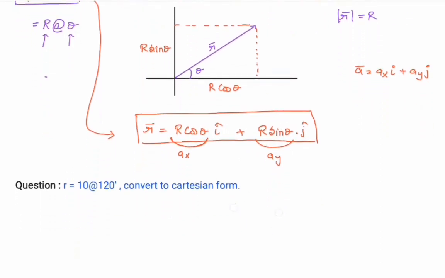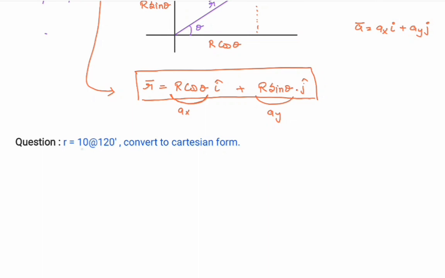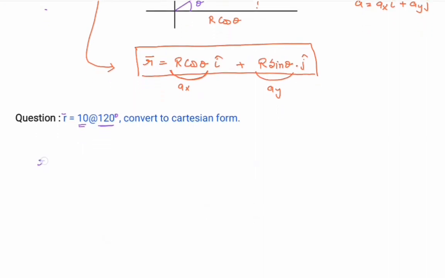Let's take one example. Suppose there is a vector r whose magnitude is given as 10 and making an angle of 120 degrees from the x-axis, and it is asked to convert it into the Cartesian form. What is the magnitude of vector r? This is 10. Theta, the angle the vector r makes from the x-axis, is 120 degrees.